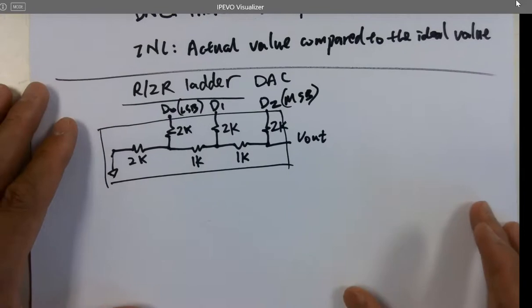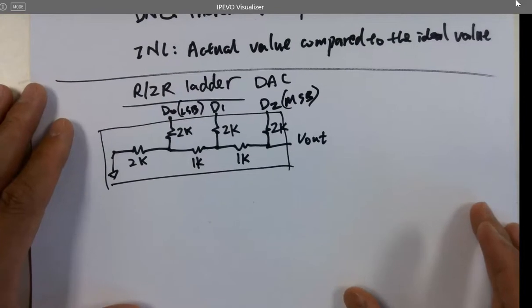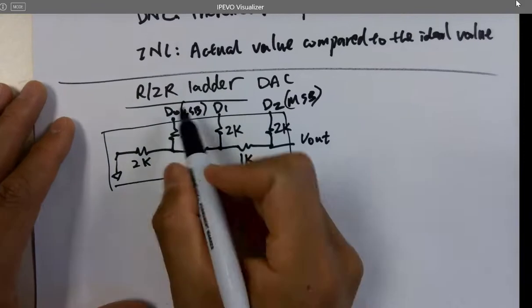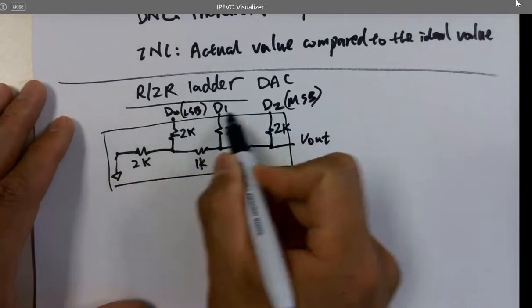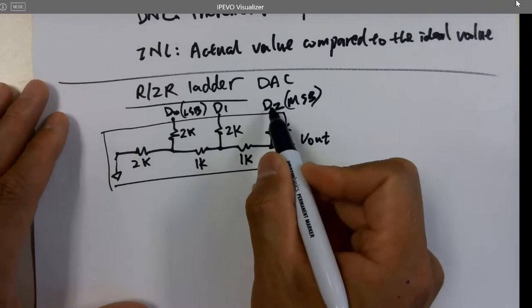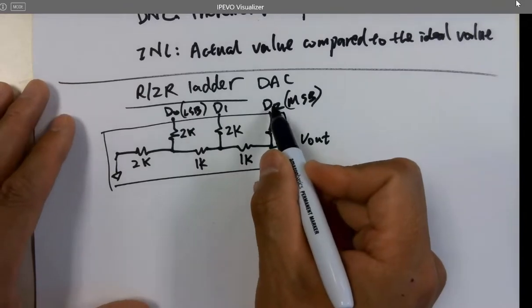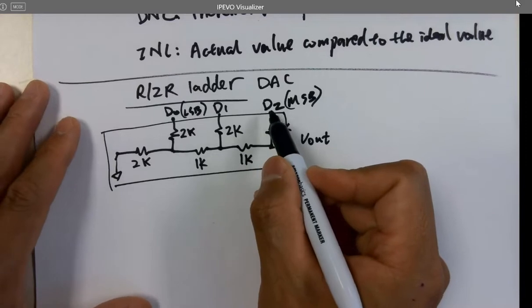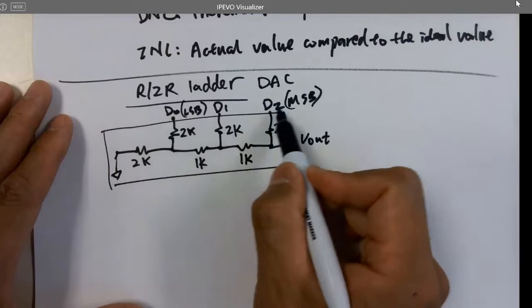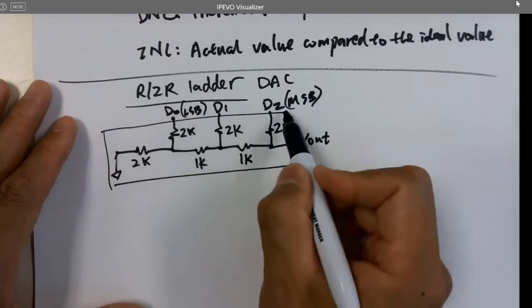So let's do superposition. You have to imagine that these are voltages, right? These can be 0s or 1s. So digital logic 1, if you're using 5 volts logic, is just VDD, 5 volts. So these digital pins you can treat as power supplies, as voltage sources.